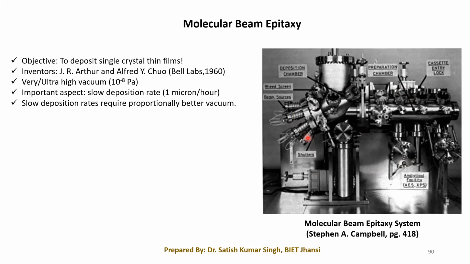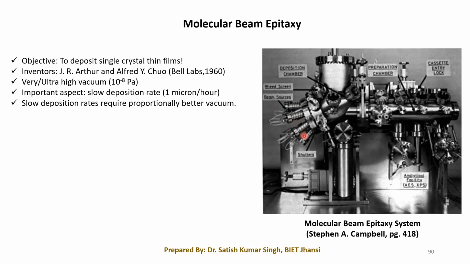Basically in this chamber, you can see here it is written as the beam sources. So basically this beam can be a material whose epitaxial layer we want to grow, as well as the dopants. Within these beam source chambers, these are actually called effusion cells, or you can also call them Knudsen cells.